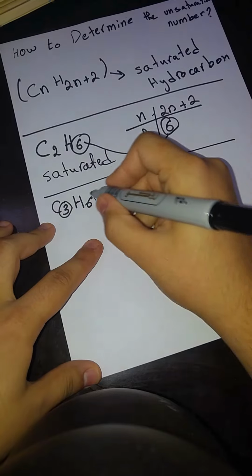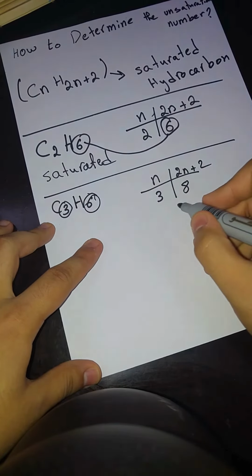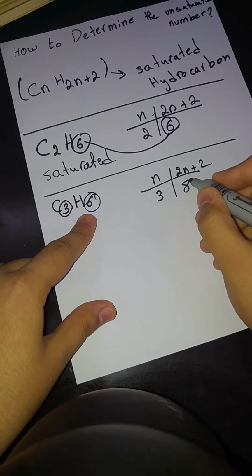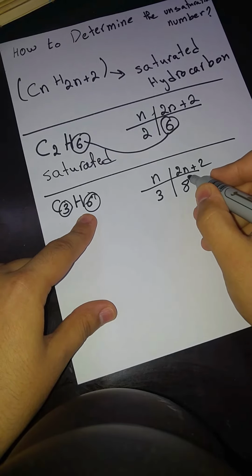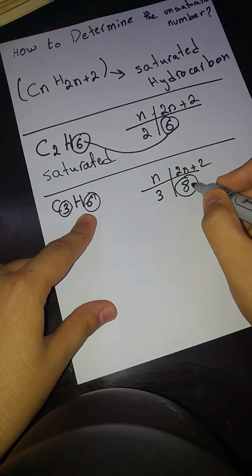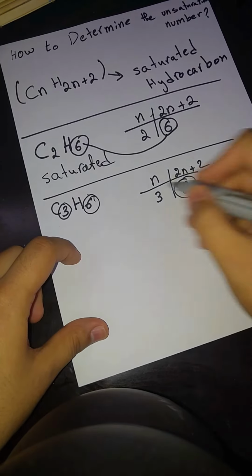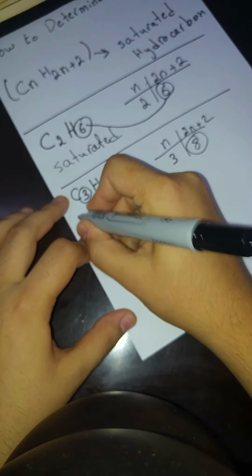Now here, we detect the difference between the number of hydrogens in this molecule I gave you and the number of hydrogens in the saturated state of this molecular formula. Since there is a difference, this molecule here is unsaturated.